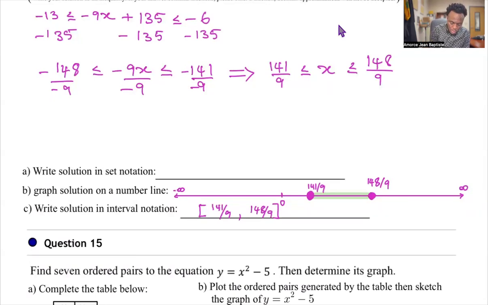And obviously we could simplify this. Well, actually this only. This one is already a simplified fraction. We could simplify this if we divide by 3, we would have 141 divided by 3 is 47. So we would have 47 over 3 less than or equal to x less than or equal to 148 over 9.